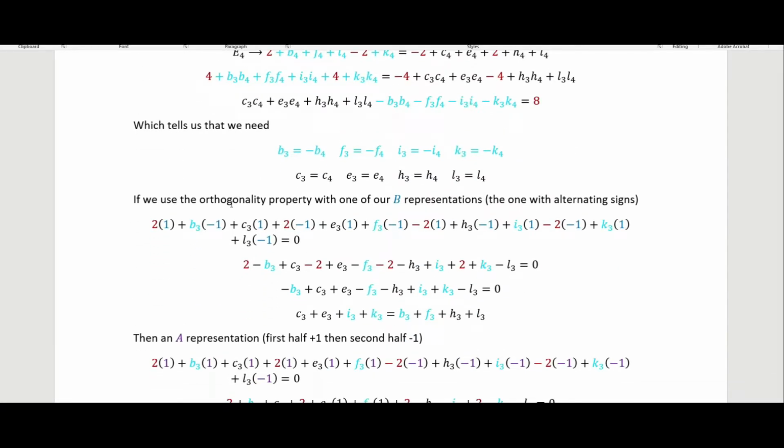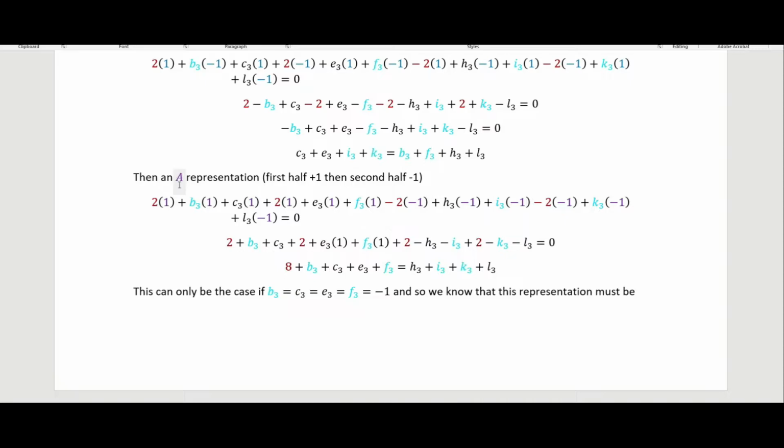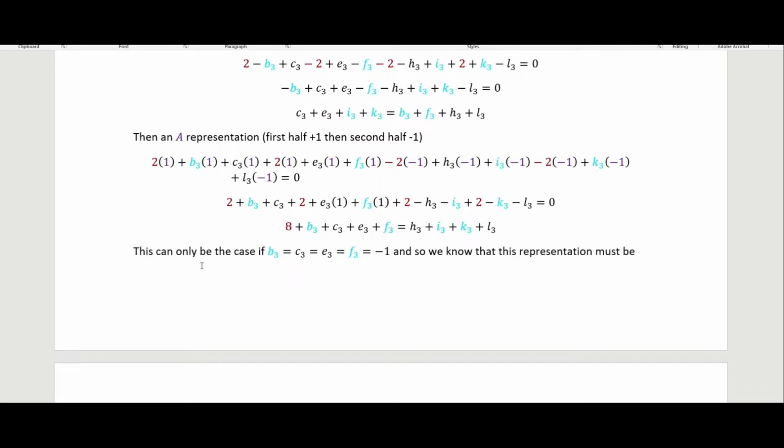And so if we use the orthogonality property with one of our B representations, so the one with the alternating signs, we get this relationship right here. Then we look at it with the purple A, which is the first half plus, second half minus. We get this relationship right here, and these can only be satisfied if B equals C equals E equals F equals minus 1.